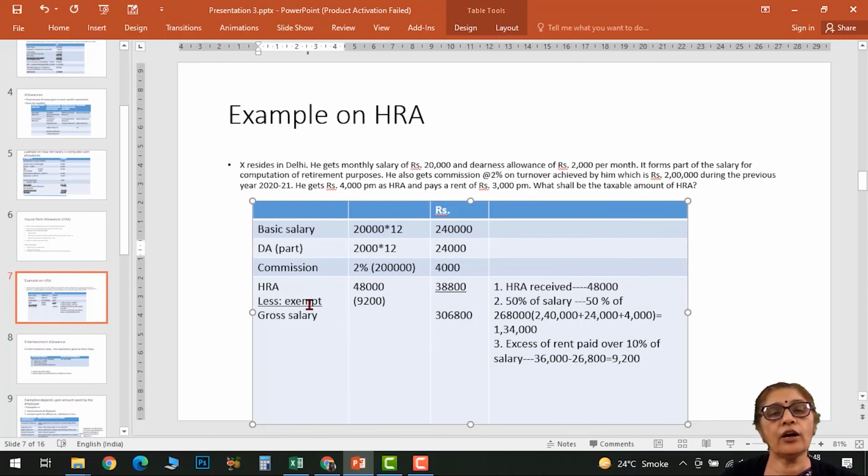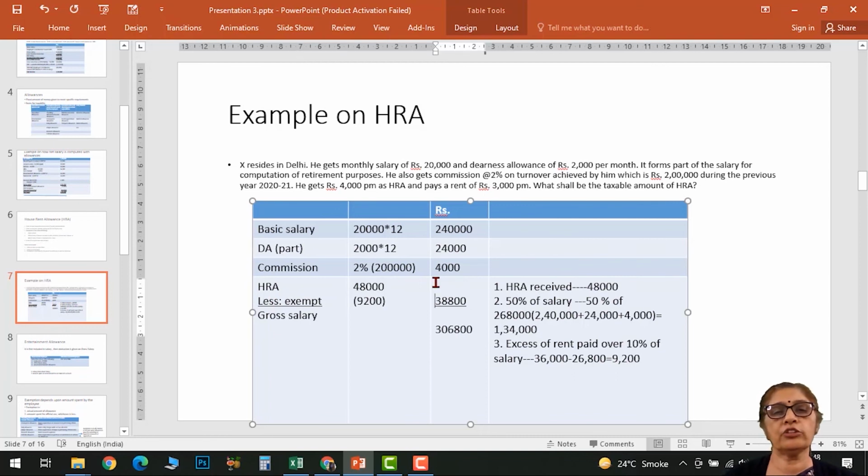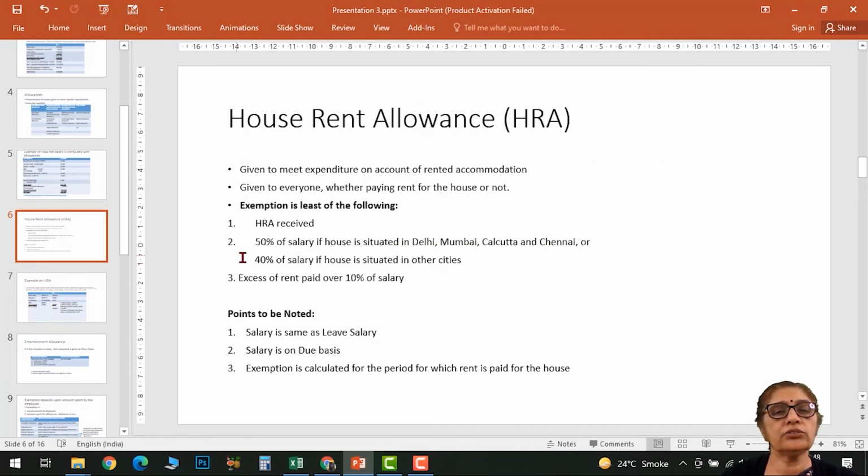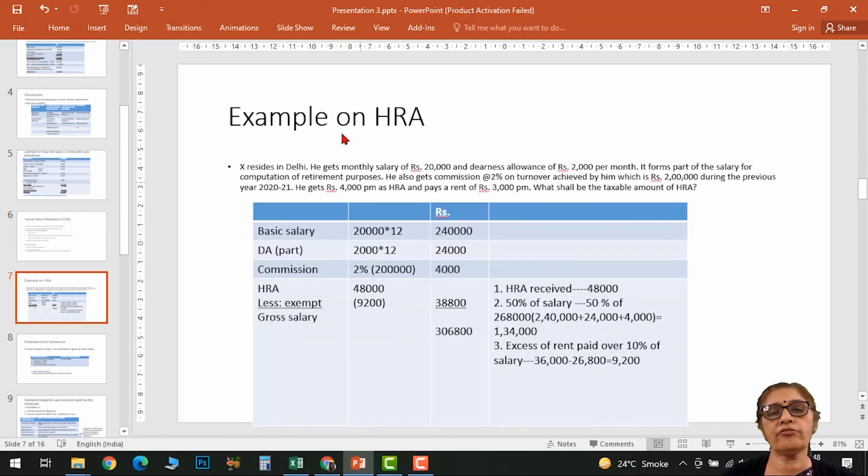Less, we have to find out the amount of house rent allowance exempt from tax. And how much of HRA is exempt from tax? We have just done. It depends on these three figures. HRA actually received, half or 2/5 of salary depending on where you are paying rent, and rent paid minus 10% of salary. So how much HRA is he receiving? 48,000, 4,000 per month actual.